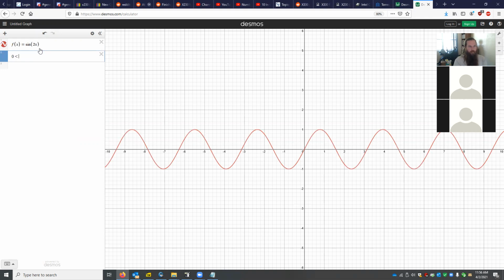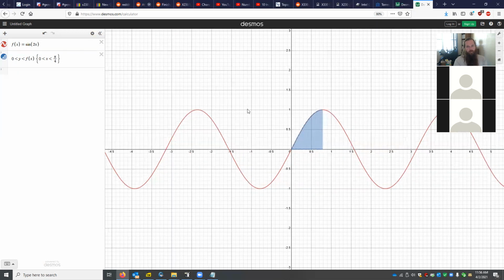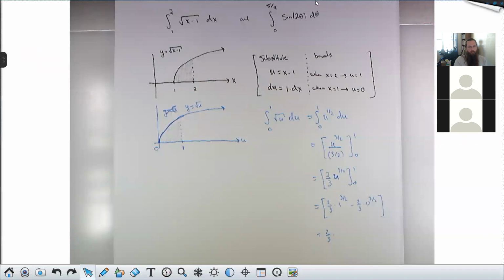And what we want is the region from 0 to pi over, what do you say, pi over 4. So the second integral up there is measuring this area. The challenge is the 2x, or it's a theta on the page here, right? The challenge is the 2 theta. If this was just sine of theta, I know how to integrate that. I know an antiderivative for sine theta.